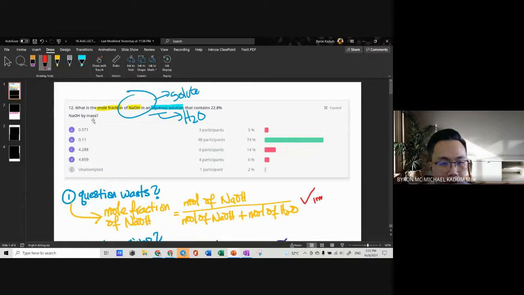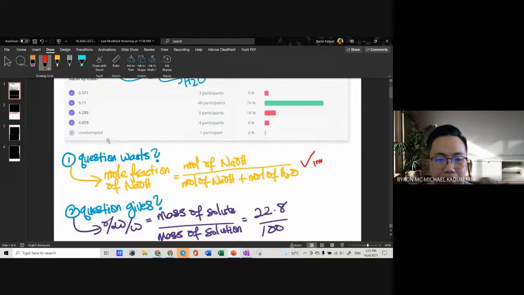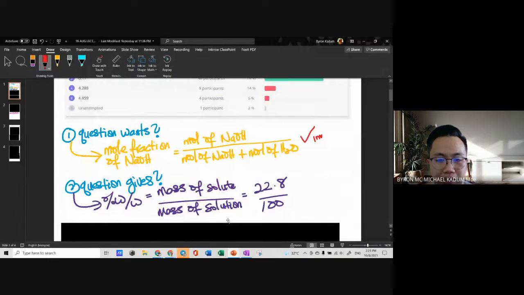And from what the question gives, again, you're going to write down the definition of percentage by mass. Okay, this is the definition of percentage by mass. So in this case, your solute now is obviously NaOH, and the solution, the mass of solution, is the NaOH aqueous, okay?